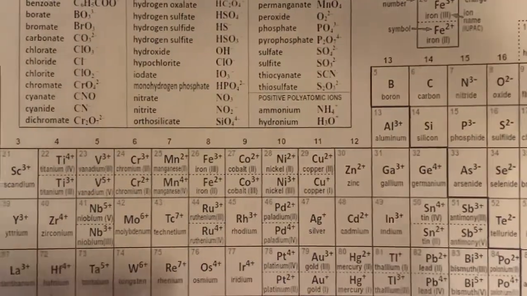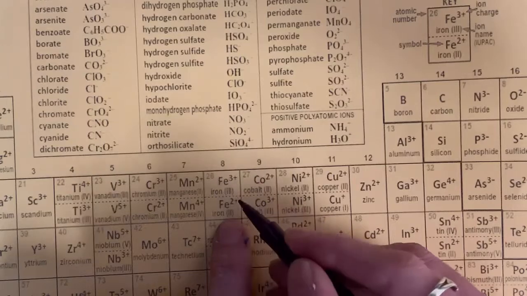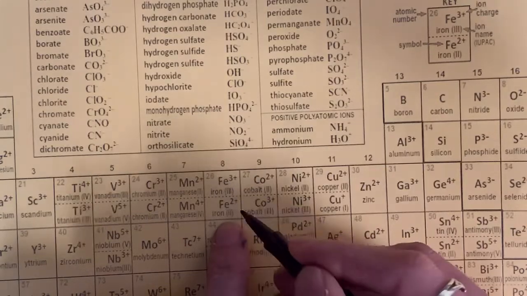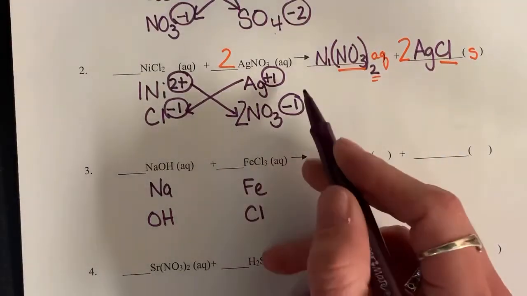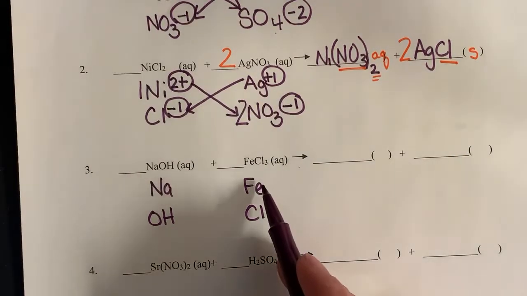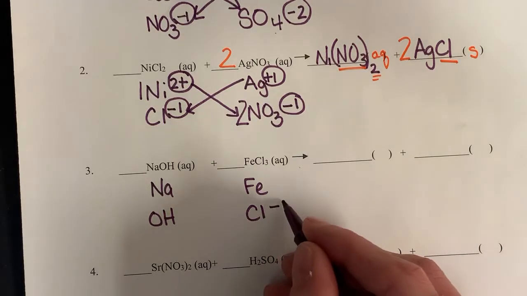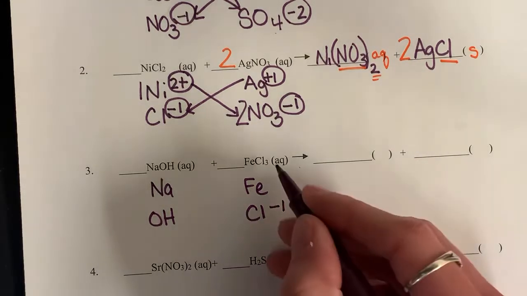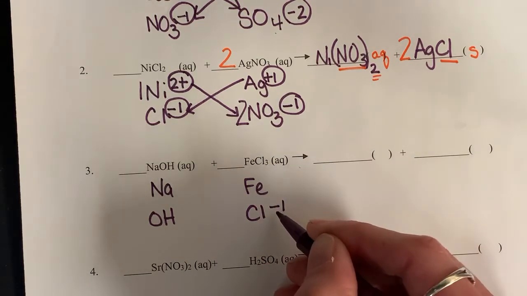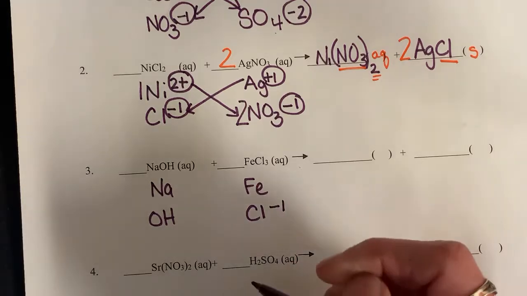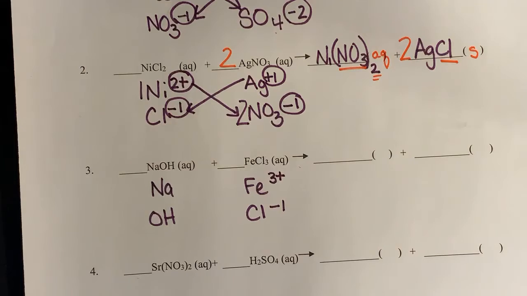If I look, sorry, not Cl, Fe can be either a 3 or a 2. He can form multiple charges. So just like I did up here, I have to look at who he's partnered up with. Cl is a -1, and I needed 3 of them. So if I've got 3 negatives, I have to have 3 positives.